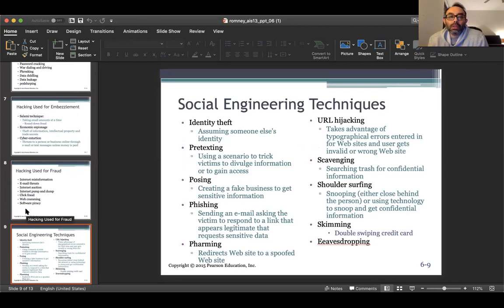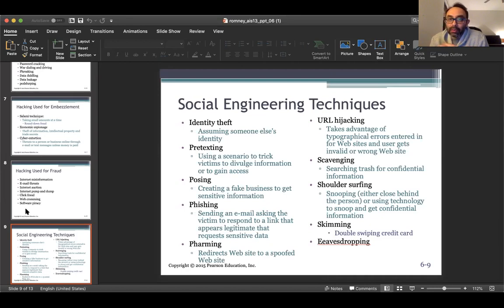And in this one, identity theft is one that you need to know. You need to know what scavenging is. It's also called dumpster diving, where you're physically looking at their shredded paperwork. Phishing is the same thing, just sending out emails with links.